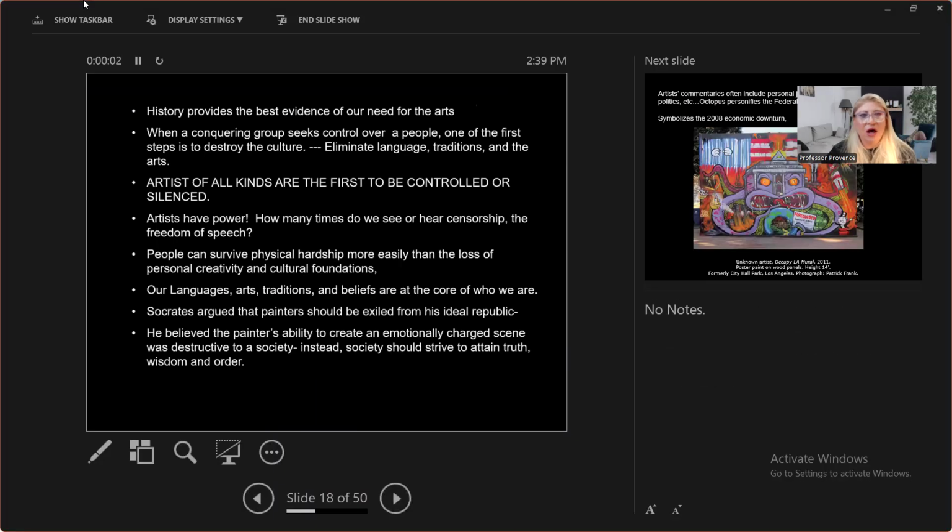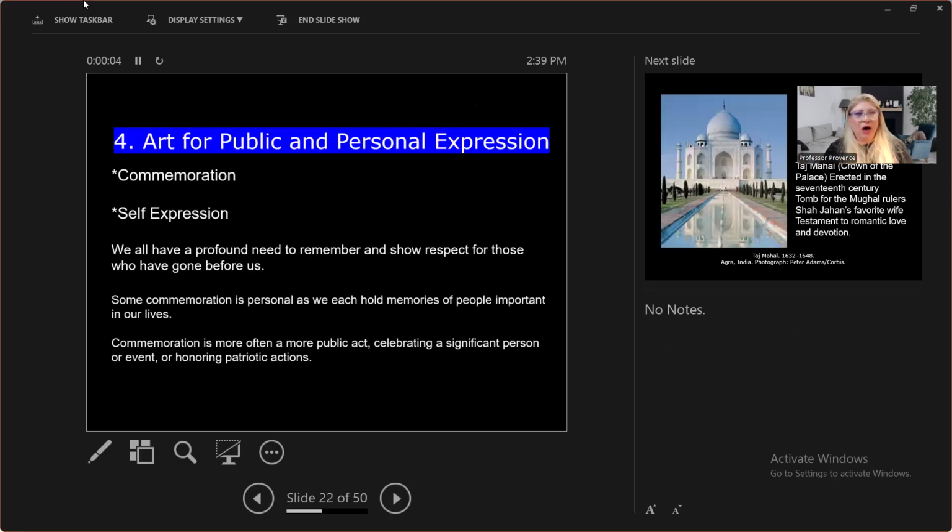All right, so we left off talking about art for public and personal expression. Usually we're talking about commemoration when we're talking about public art. Oftentimes, not always, but it's not uncommon to see memorials or historical figures that are cast in bronze.